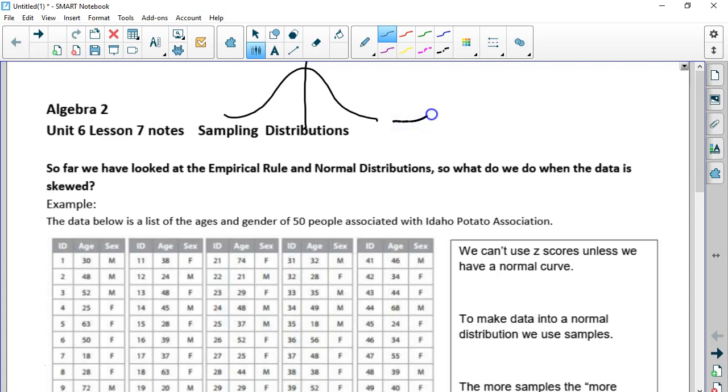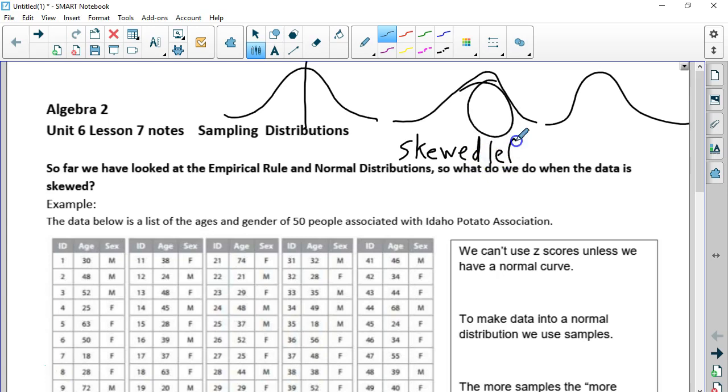And then we have skewed, when the main area, the main data, is either to the left or to the right. So remember, most of my data is up here to the right, so this is actually skewed left.